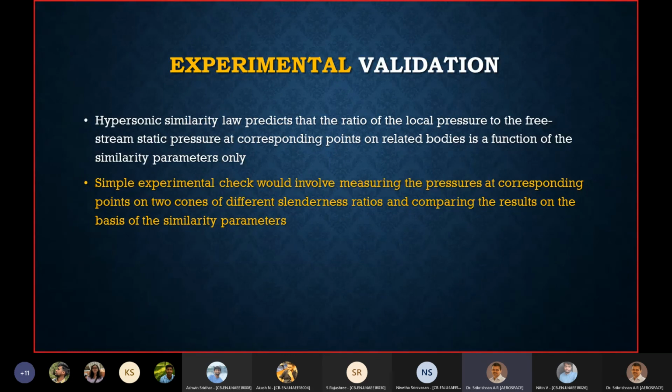That's why you can still see applications of these in several papers being published in hypersonic flow research. I stop here. Any question?